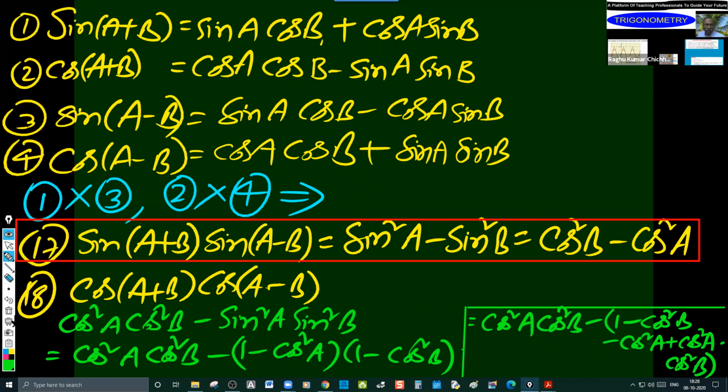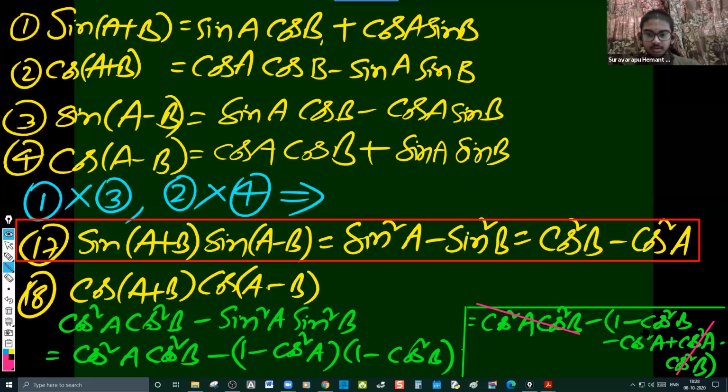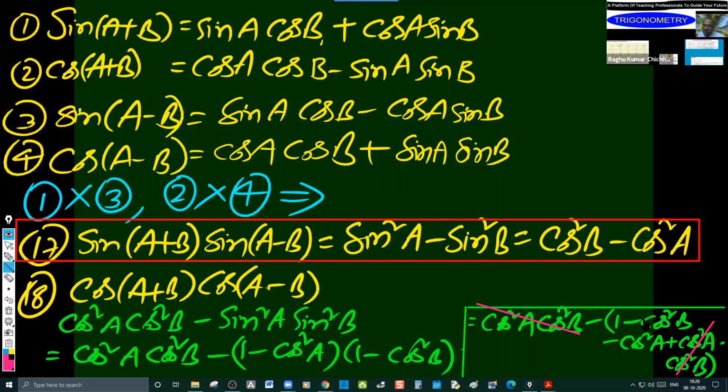So what terms are getting cancelled here? The cos²A cos²B and the negative cos²A cos²B cancel. What is remaining? 1 minus cos²B can be written as sin²B, and minus of minus gives plus cos²A.